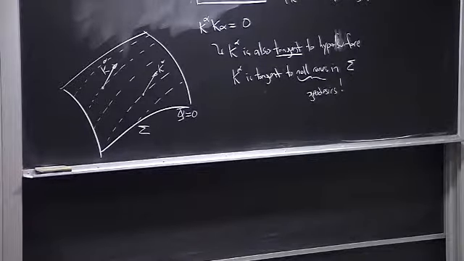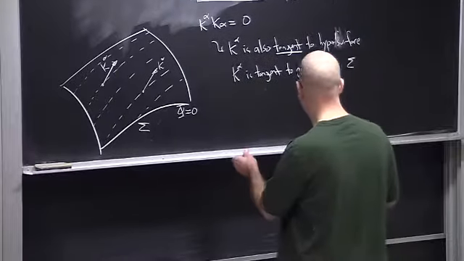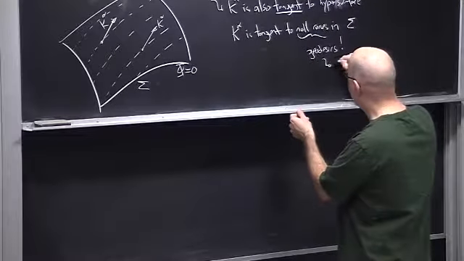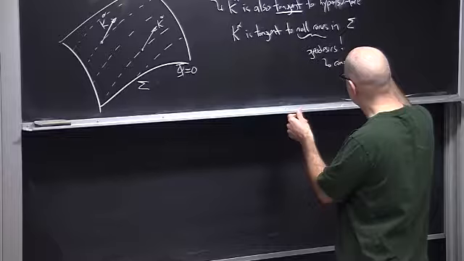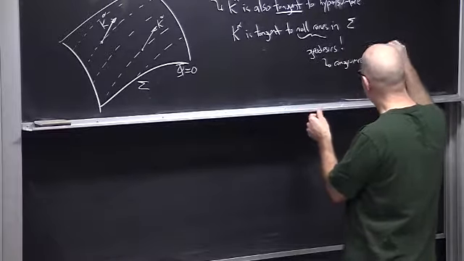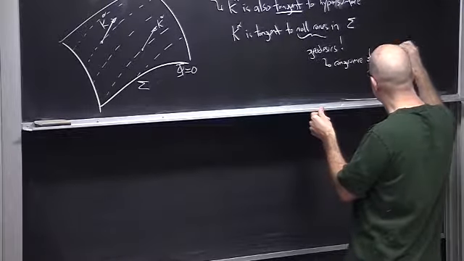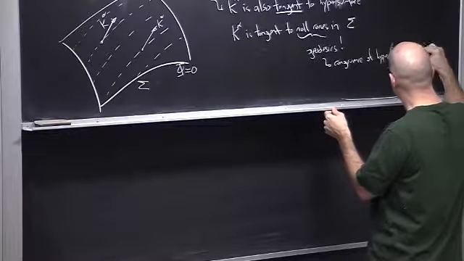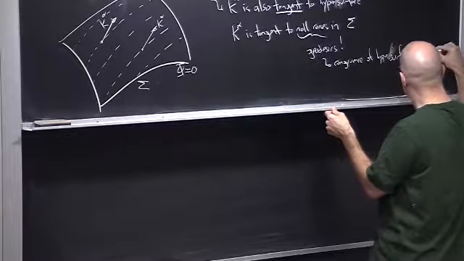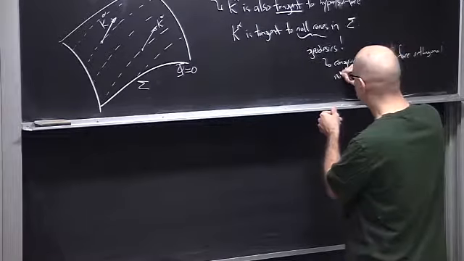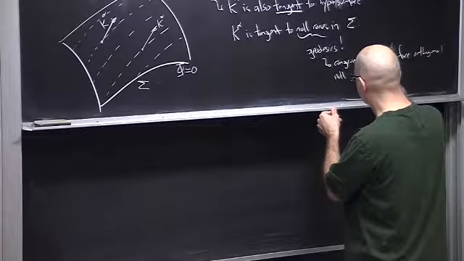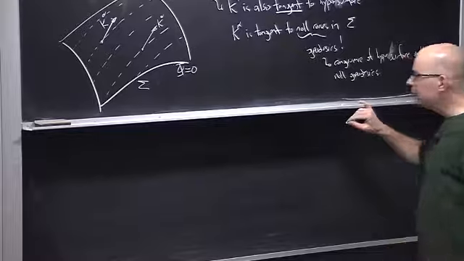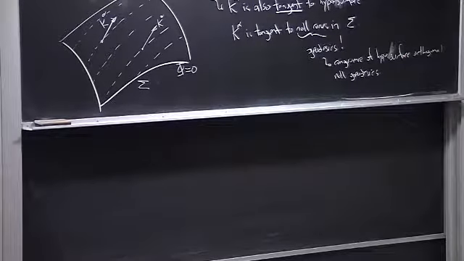So these curves, these geodesics, they form a congruence of hypersurface orthogonal null geodesics. And the name that tends to be used for those null geodesics on the surface is generators.